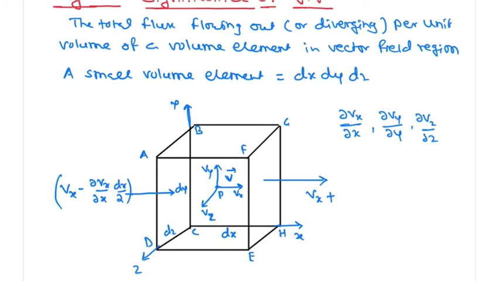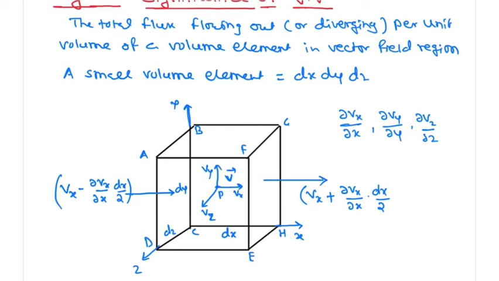Since the flow is flowing outward through the element along the positive x direction, we take positive Vx plus ∂Vx/∂x into dx/2, since dx/2 is the center of the face.